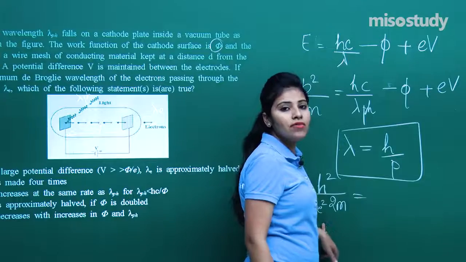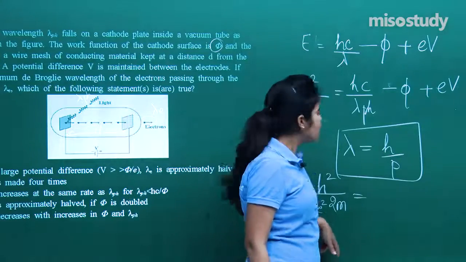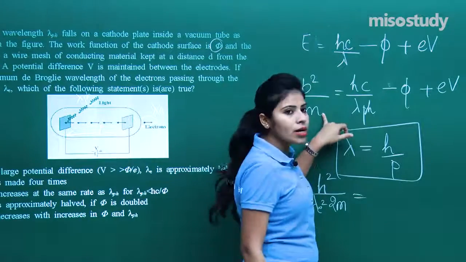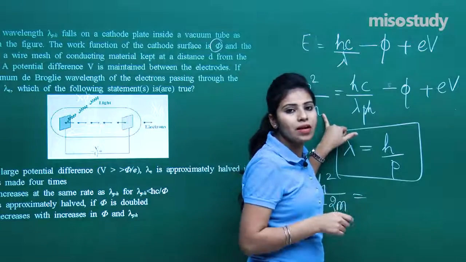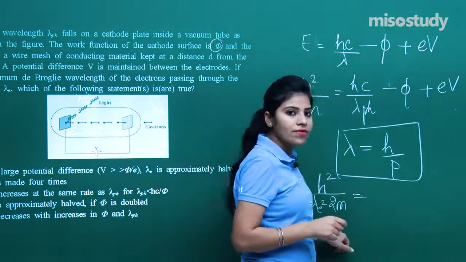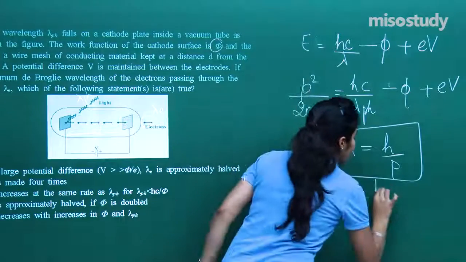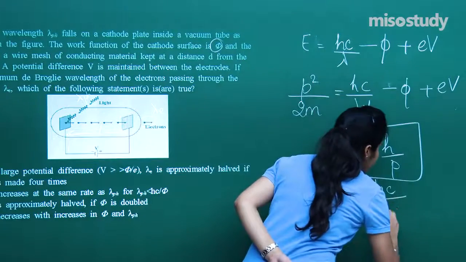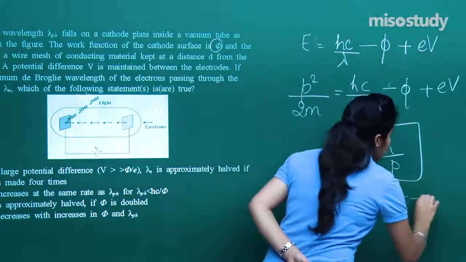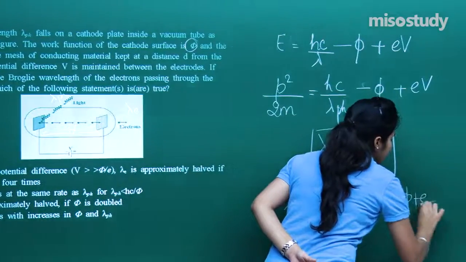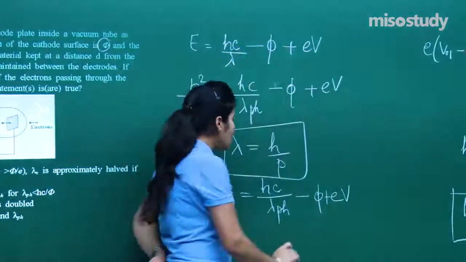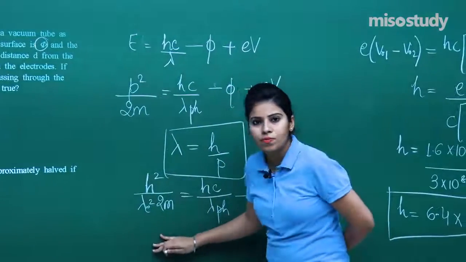This is the wavelength of the electron, right? Because we are just talking about the energy of the electrons that are being emitted. So here the wavelength of the electron would be written, right? So now we have hc by lambda ph minus phi plus eV.